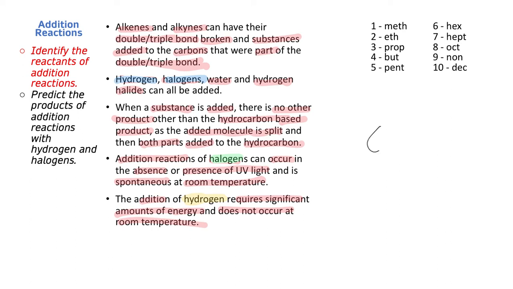Here I'm going to have a bit of propene. Do I need to call it 1-propene? No, because there's only one place the double bond can go, across the 1 and 2 carbons. There are six hydrogens here, and then I'm going to add Cl2. What happens is that the double bond breaks and turns into a single bond.